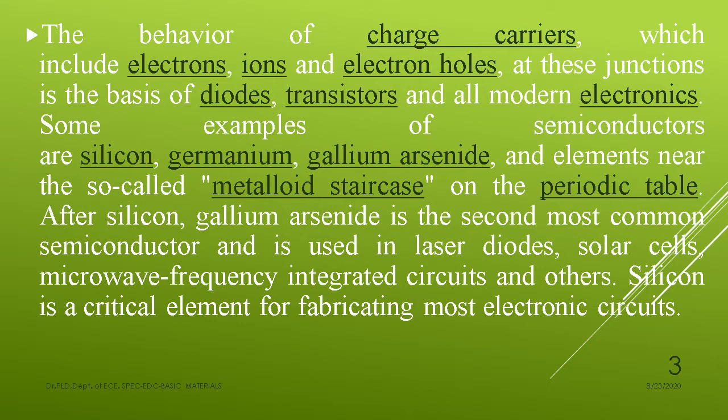We come to know the reason for not using germanium instead of silicon in electronic component manufacturing. Silicon is a critical element for fabricating most electronic circuits. The main reason is that there is better control over silicon semiconductor material as compared to germanium.